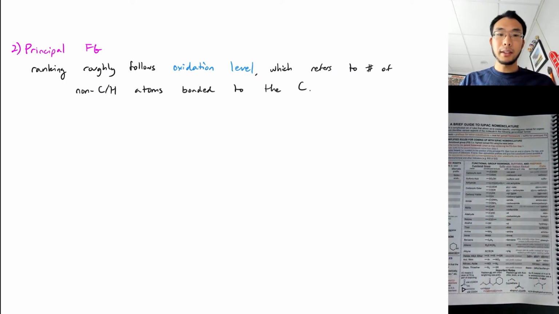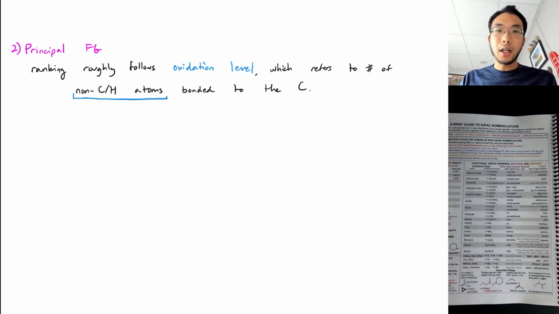This ranking roughly follows what's called the oxidation level of the functional group, which means that lower oxidation level functional groups tend to be lower ranked. Higher oxidation level functional groups are higher ranked. The way you figure out what oxidation level is just looking at a functional group is to count the number of non-carbon or hydrogen atoms that are bonded to the carbon in the functional group.